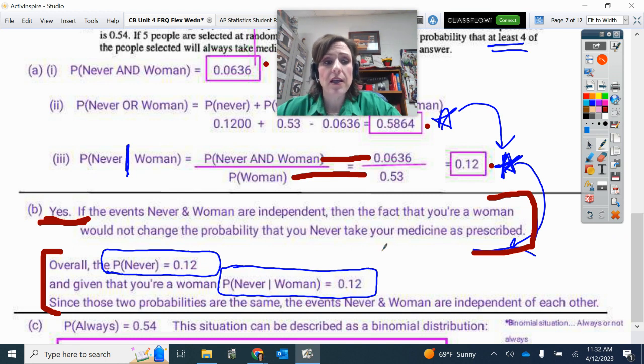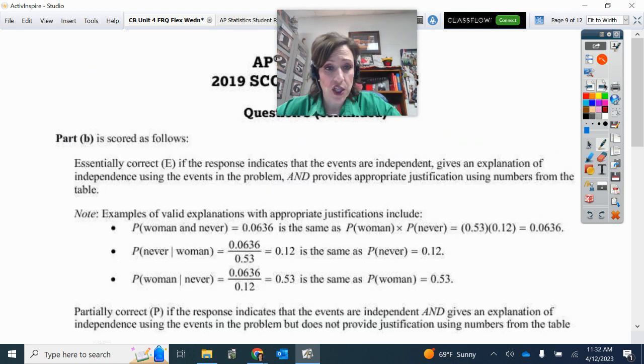So therefore, since those two probabilities are the same, the events never and women are independent of each other. And so to get credit on that one, you could justify your answer a couple of ways. You could show how the probability of woman and never, so the intersection, is the same as the overall woman times the overall never.